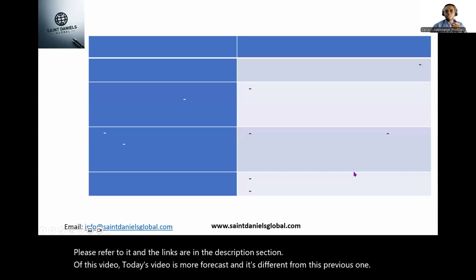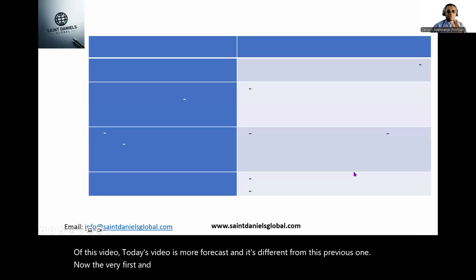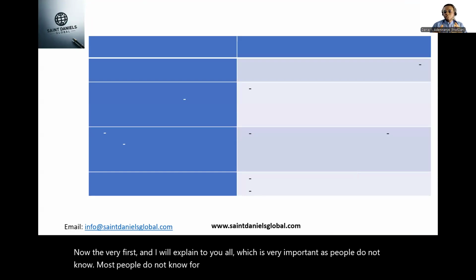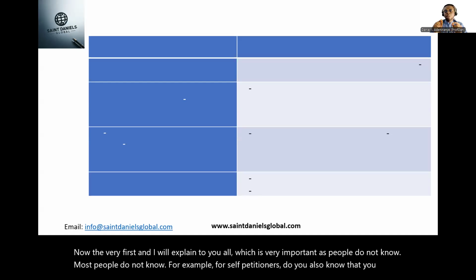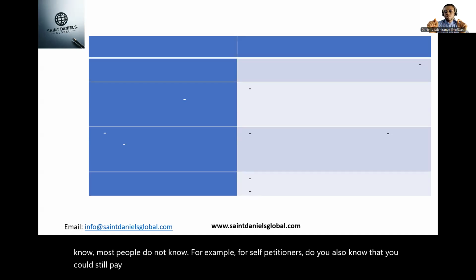Now, the very first thing I will explain to you all, which is very important, as most people do not know. For example, for self-petitioners, do you also know that you could still pay $0 for the asylum program fee, and you could still pay $300?